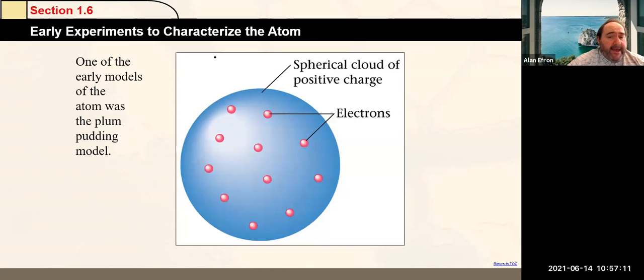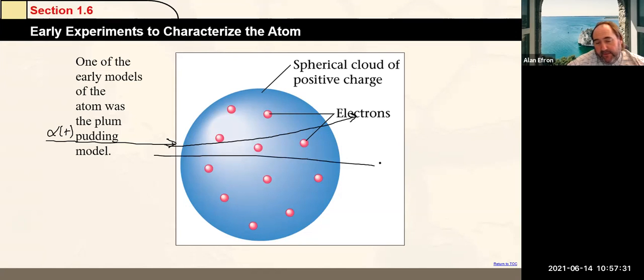What he expected was that when he shot these alpha particles, which are positively charged, heavy, and moving pretty fast, they would go through with a little bit of deflection. It's kind of like if you took one sheet of paper and held both sides really tight, and somebody took a pen and pushed the pen through the paper.